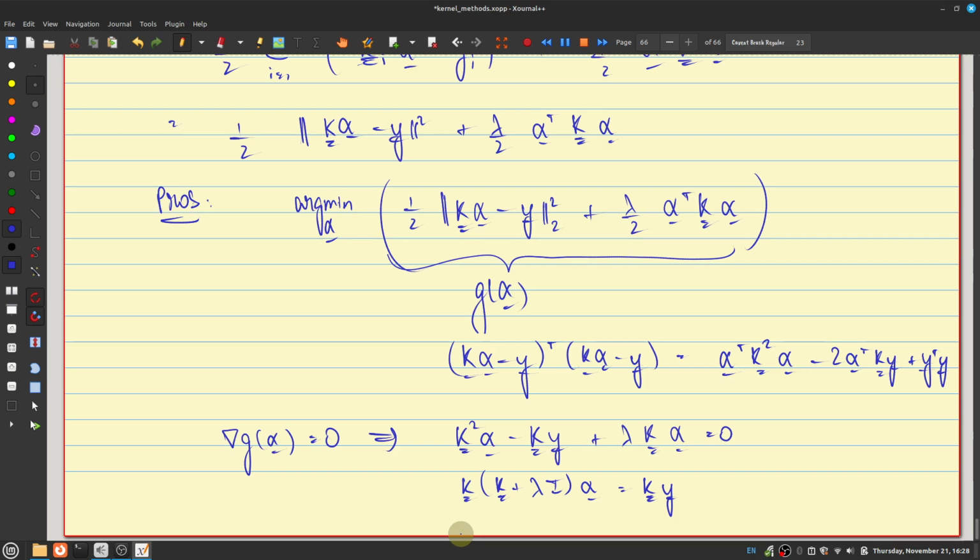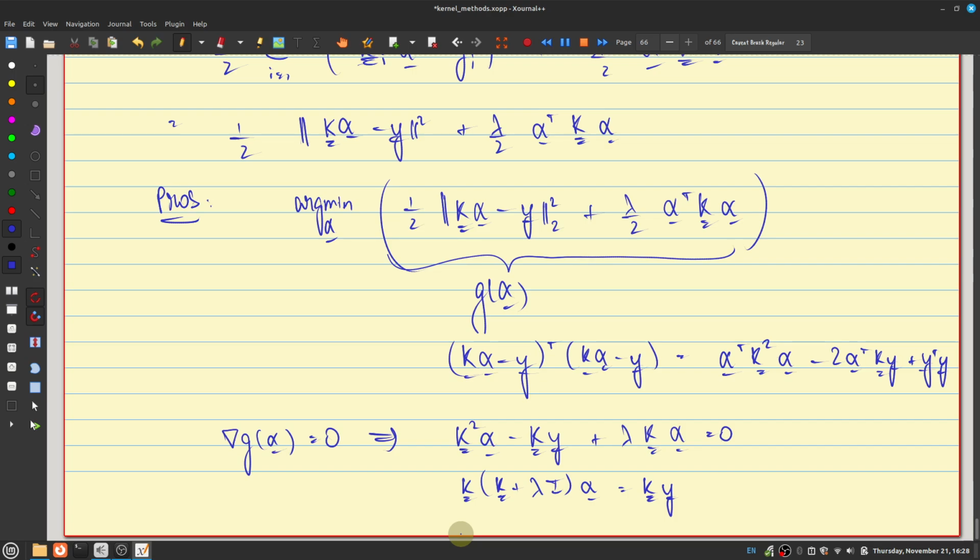But this means that everything, including polynomial regression, can be solved just by a system of linear equations. Because if we fix the degree of the polynomial, then that amounts to just doing kernel ridge regression with a polynomial kernel.